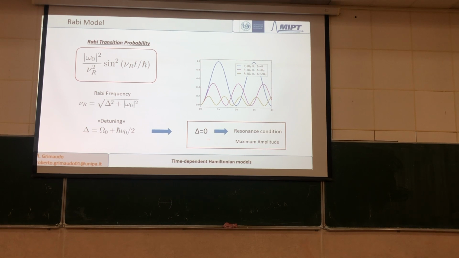Because thanks to this condition, of course, this amplitude is equal to 1. So it means that our system in this resonance condition acquires energy from the field, makes the transition, and then comes back to the lower energy level, and so on in time.